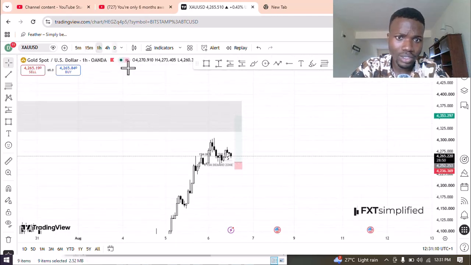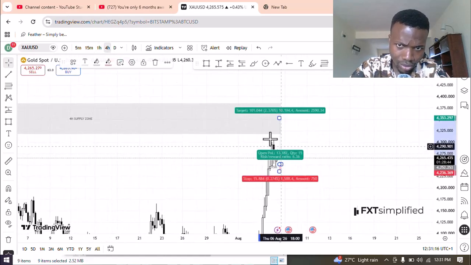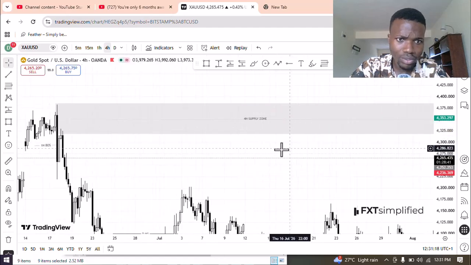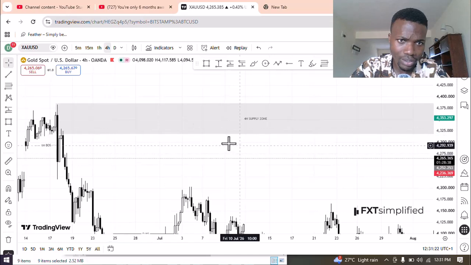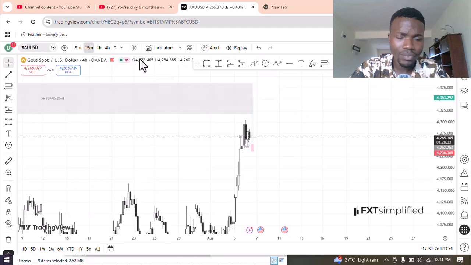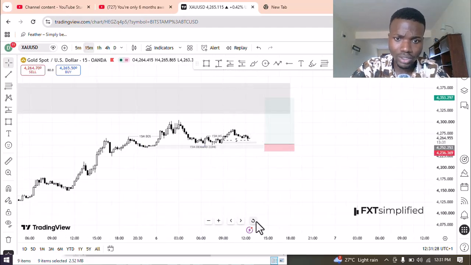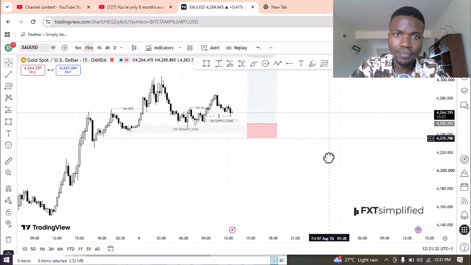So this is a 4-hour supply zone. As you can see there, can you see now? If you look at the left hand side right there, can you see that this is a valid 4-hour supply zone? Let us see how this trade is going to play out today. All right, I'm going to see you in the next video.